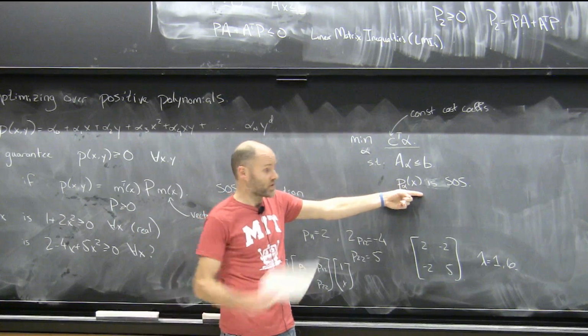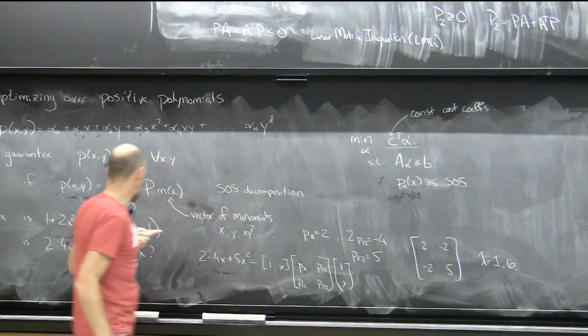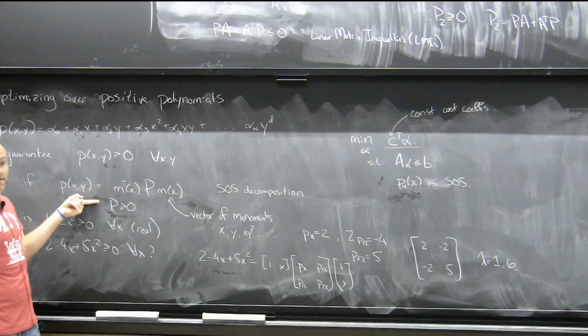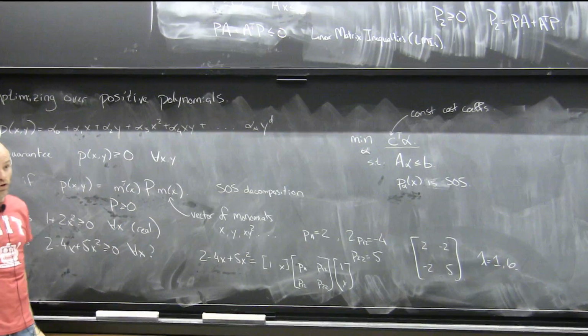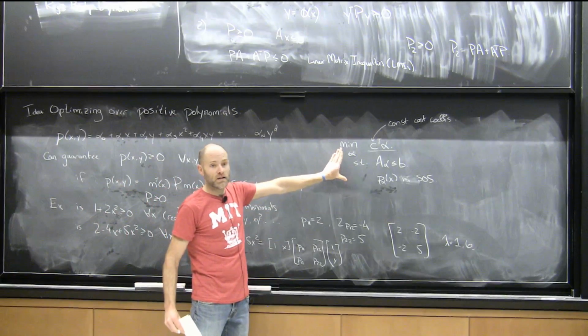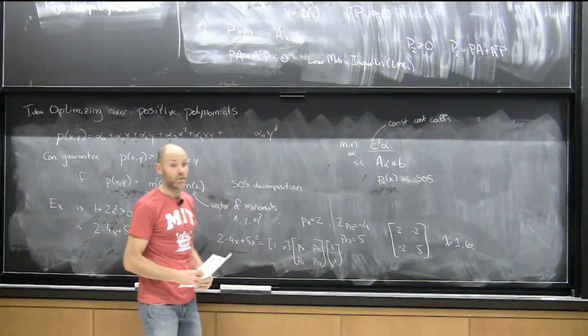Behind the scenes, just like the LMI, it'll construct a new set of decision variables, put a constraint that they're positive semi-definite, add a bunch of linear constraints to make that work, and solve a semi-definite program. So this is just a front end, a shiny user package that we put on top of a semi-definite programming solver.